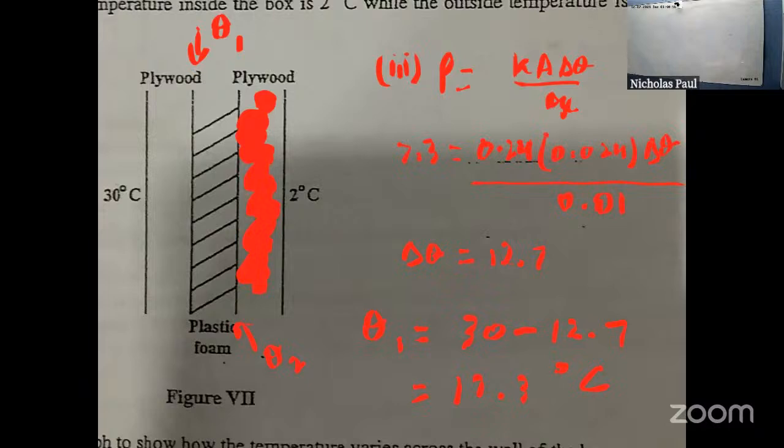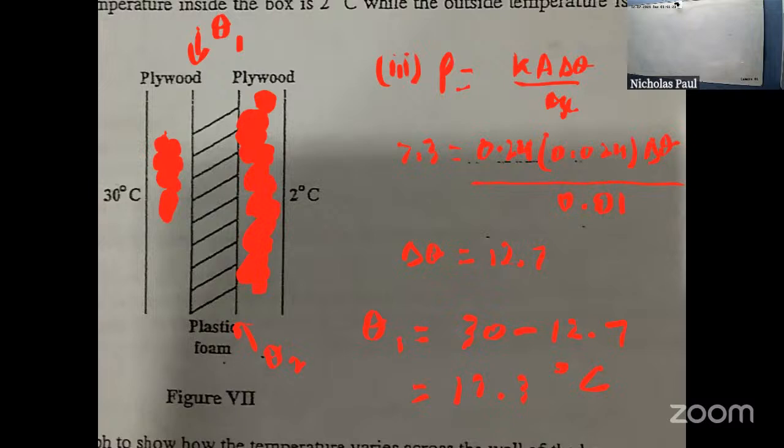What was the first temperature change here? That was the final temperature.